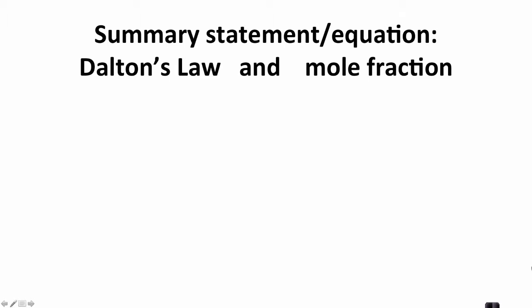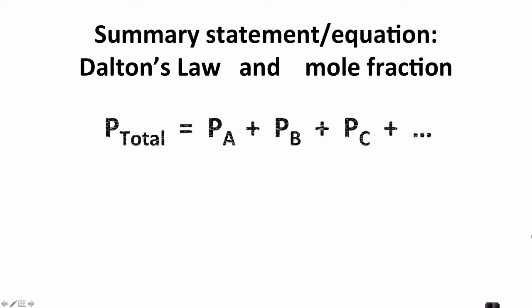Okay, so the summary statement of what we just did, the law is called Dalton's law, and Dalton's law can be written in equation form as the total pressure is equal to the sum of what are called the partial pressures. Pressure of A plus pressure of B plus, if there's a third gas, pressure of C. All of those pressures add up to give you the total.